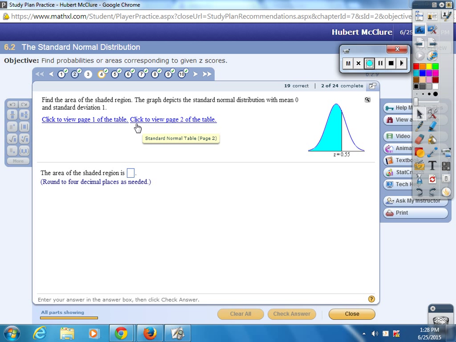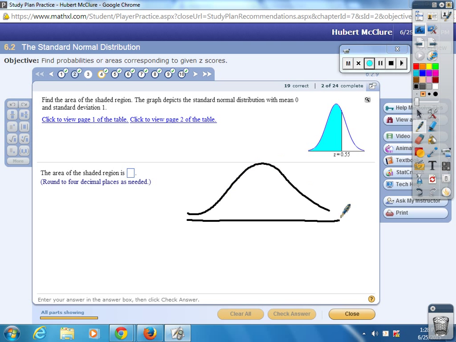Now, there's two things I want you to ask yourself before you look at the table based on your drawing. This is going to really come in handy when you're in 6.3 and 6.5 and all that stuff. Here's my drawing. Somewhere right here. I'm going to do it in blue.